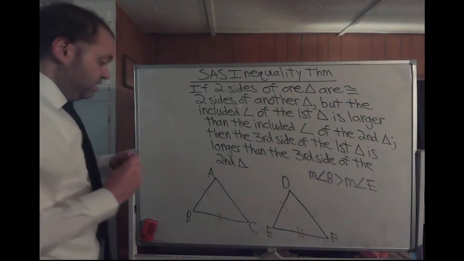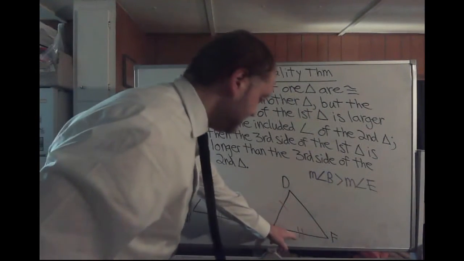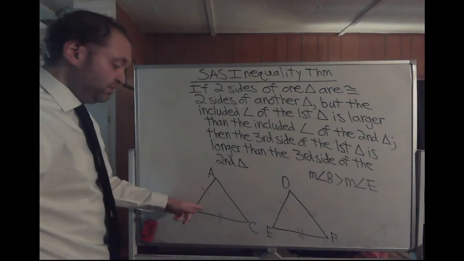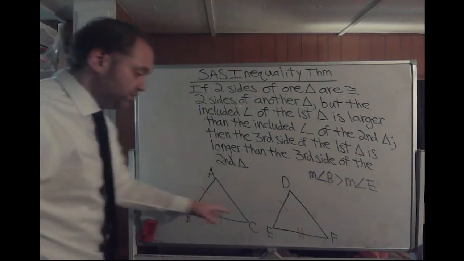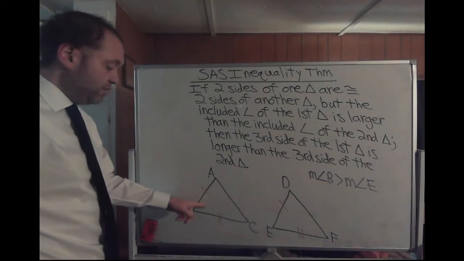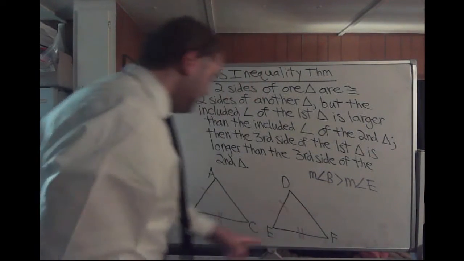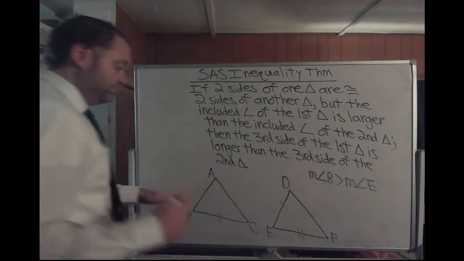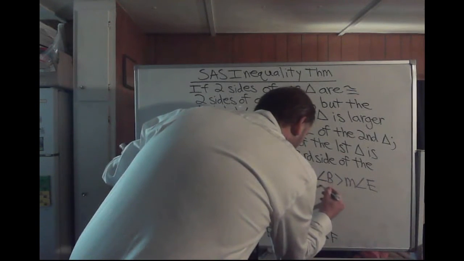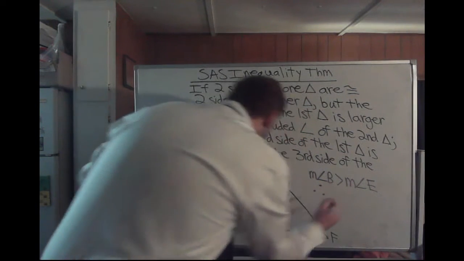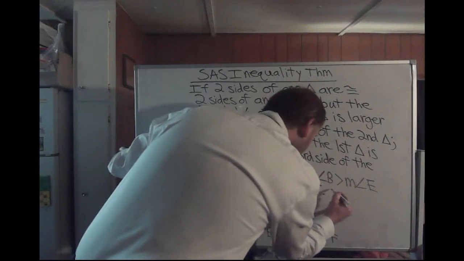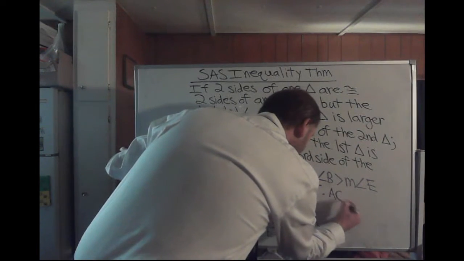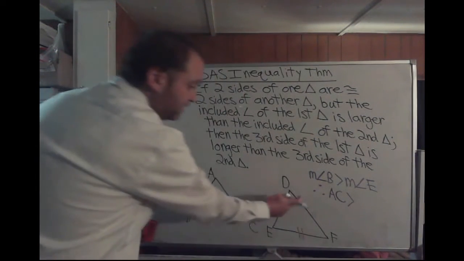So, we have the two congruent sides of each triangle, but the included angle, meaning that's between the two congruent sides, angle B is greater than angle E. So what this is going to mean, therefore, is that side AC of the first triangle, the length of AC is greater than the length of DF.